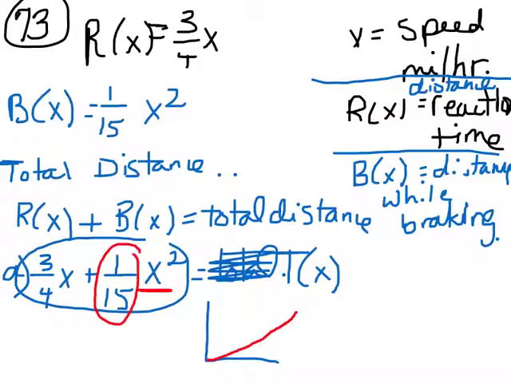Which term do you think contributes more to the magnitude of the sum at a higher speed? So let's say you're going 100 miles an hour. Which term do you think is going to make more difference, the 1/15 x squared or the 3/4 x? Let's graph them both on the same graph. I'm going to go to y equals and type them in.